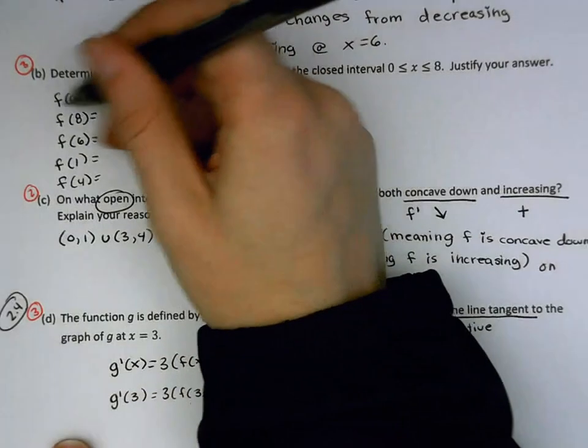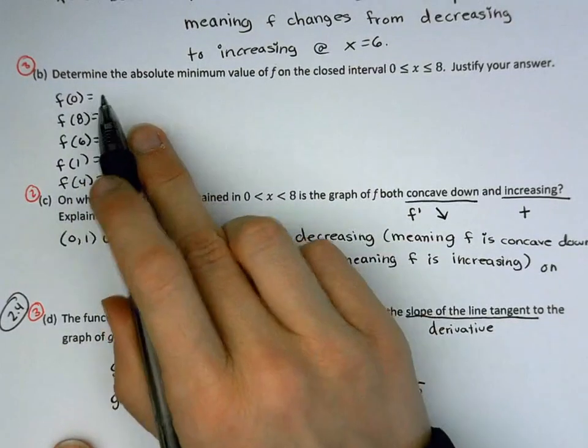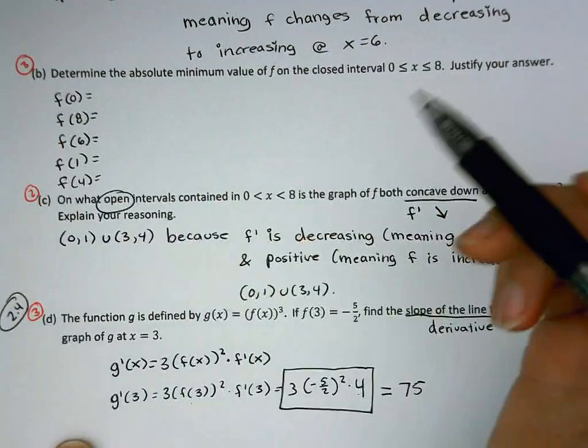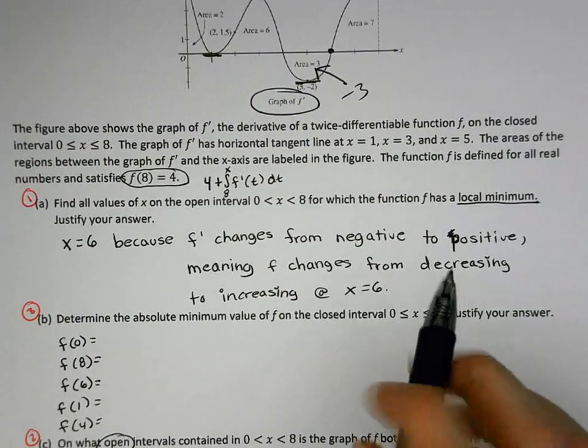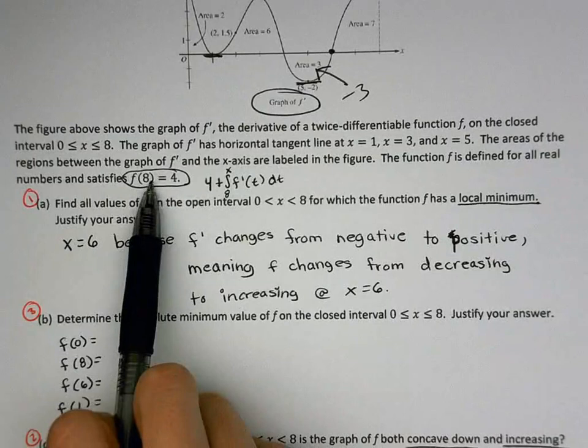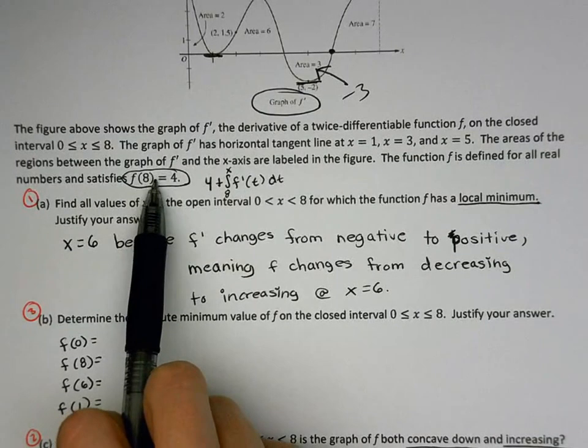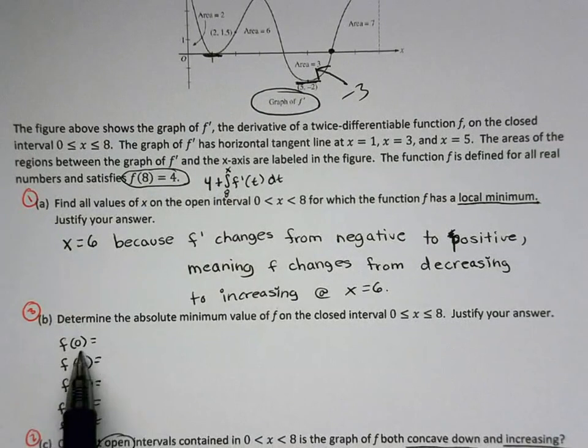So f of 0, evaluating that, we need to plug our 0 into our original function. Now, unfortunately, I was not given an original function of f. However, I was given one location of f, and I'm now desiring a different one.